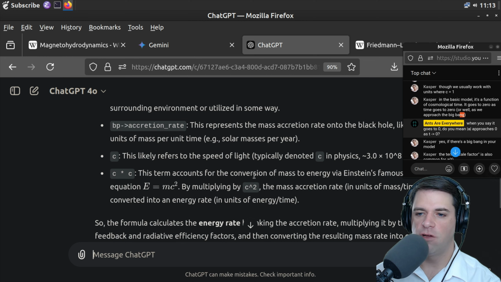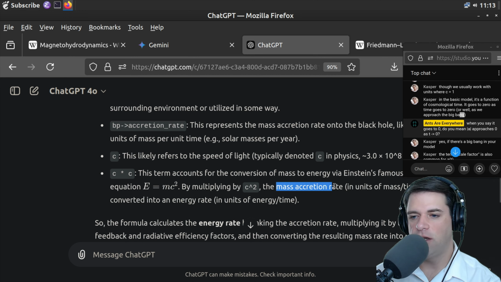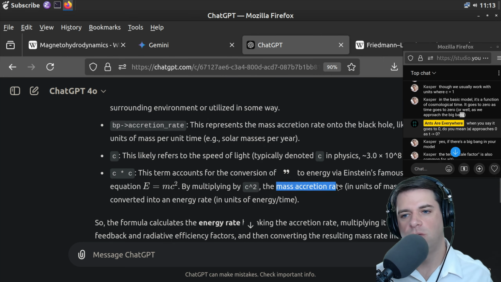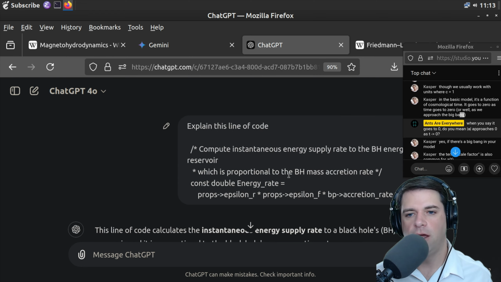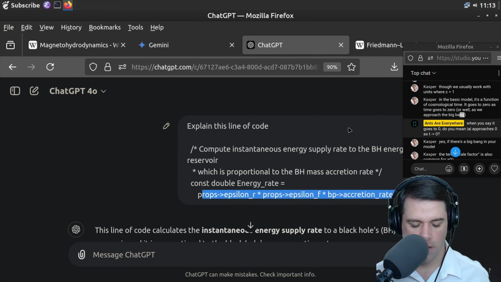This term accounts for the conversion of mass to energy via Einstein's famous equation E equals mc squared. By multiplying by c squared, the mass accretion rate in units of mass over time is converted to an energy rate in units of energy over time. Okay, so I guess the mass accretion rate is mass over time, and we're converting. So the stuff there, which is what I was confused about, is not just mass, it's a mass rate, and that's why we get an energy rate. That all tracks.